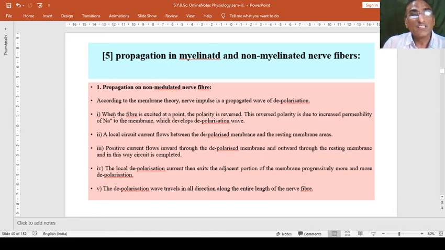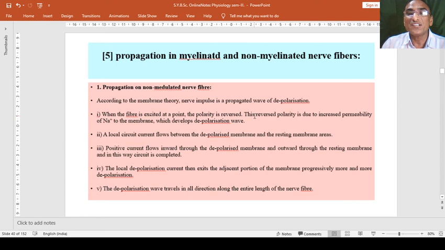First, when the fiber is excited at a point, means as soon as the excitation or stimulus is received by the nerve fiber, the polarity is reversed, means at one pole the stimulus is received, then the polarity is changed to pass the message through the axon.